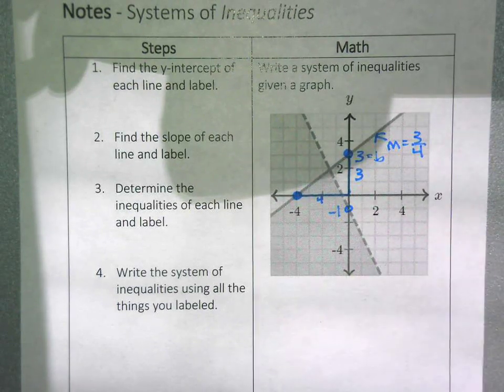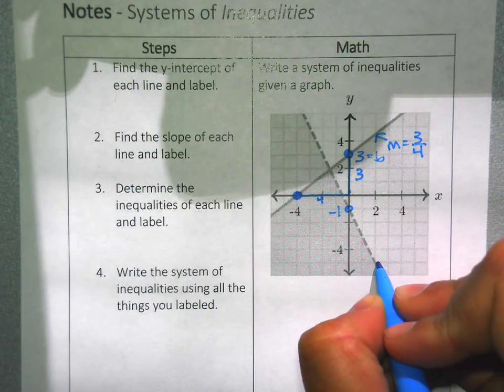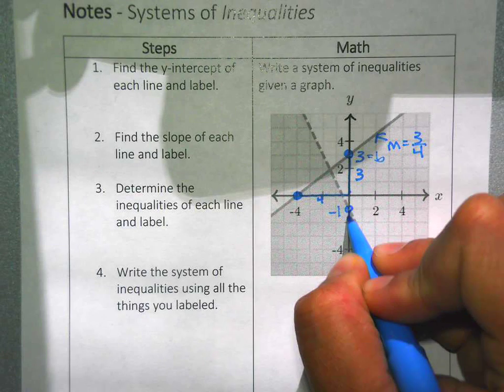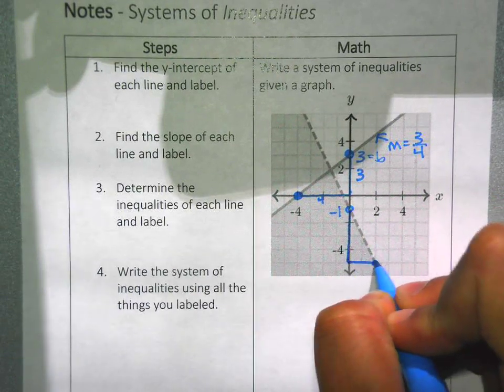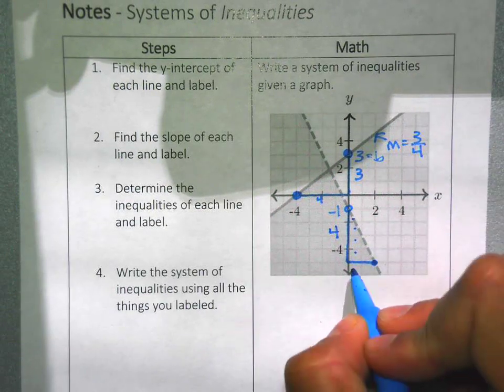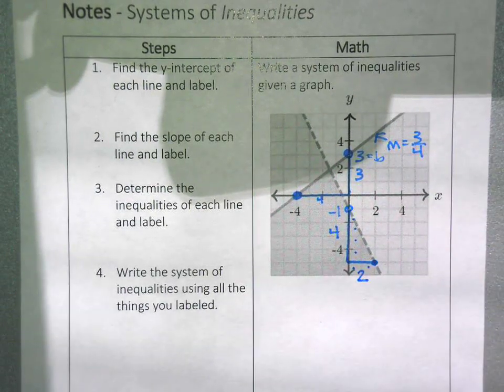For the second line, I'm going to pick a point just like I did before. It looks as though this point goes right through the corners of the boxes to give us a whole number. I draw my slope triangle. I count 1, 2, 3, 4, a rise of 4, 1, 2, and a run of 2.